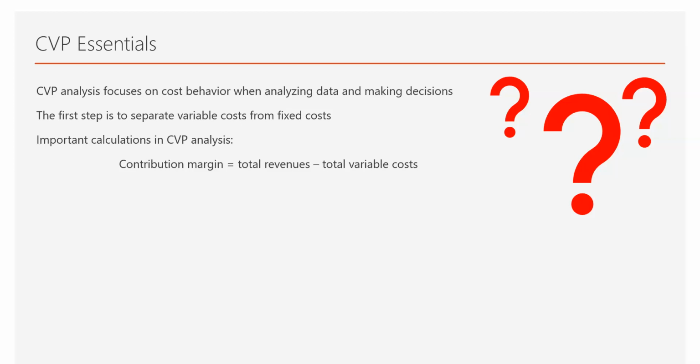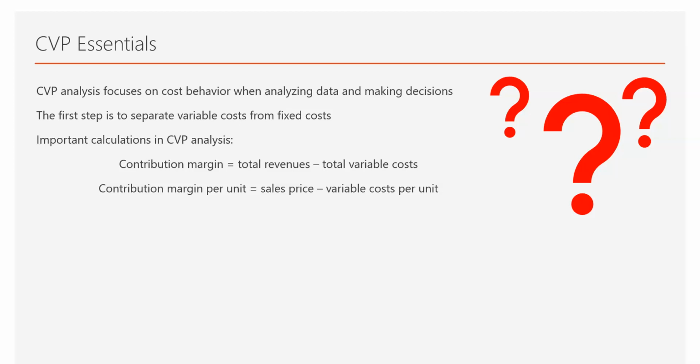The first one is measuring contribution margin, and contribution margin is simply total revenues minus total variable costs. Now I can compute the contribution margin per unit, and there are going to be times where I need to. So I'm going to take that first formula and tweak it to get it on a per unit basis.